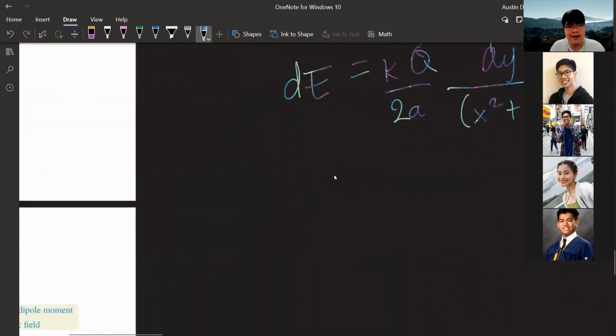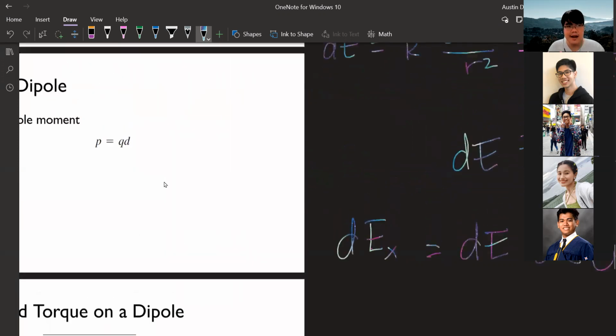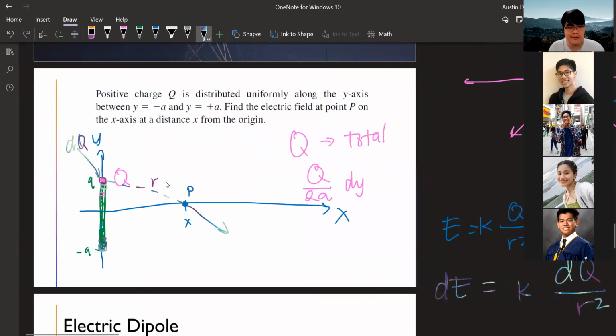So ang magandang technique na gawin is to get just the x part. And to do that, dE times cosine theta. And that is, yung theta na lang yung poproblemahin mo. Okay? So theta is here.